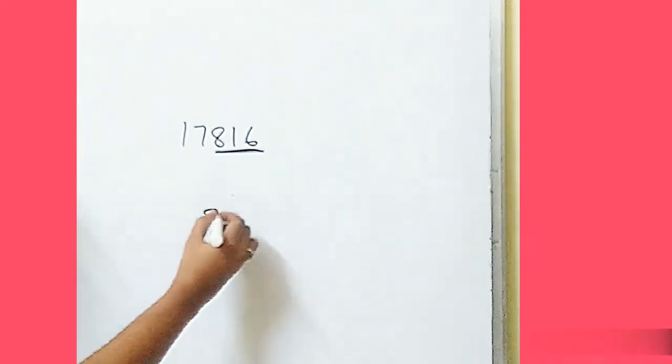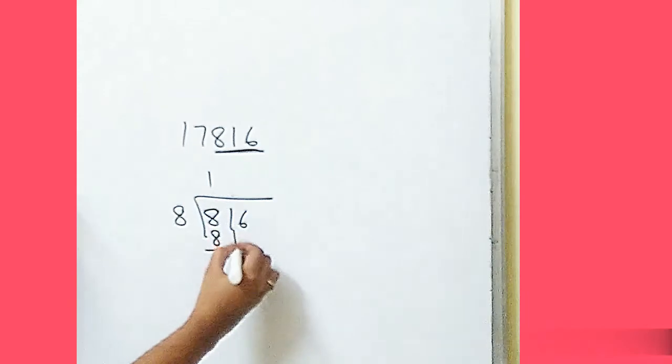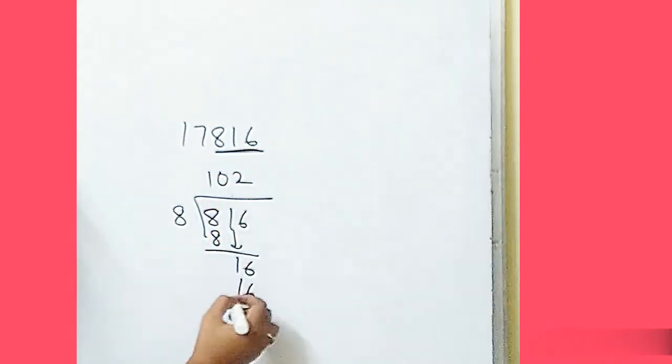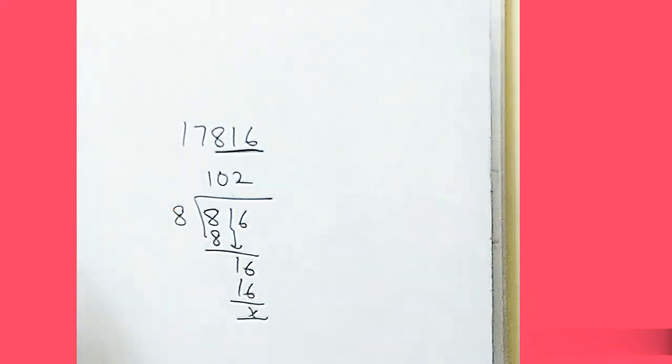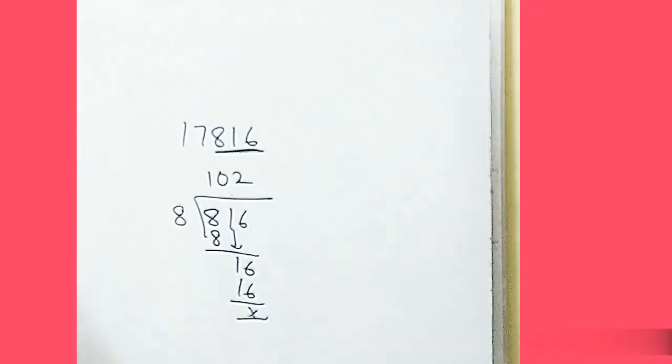We'll divide and see. 816 divided by 8 is 102. So this last 3-digit number comes in 8 table. So we conclude that this particular number will come in 8 table, and when we divide it, there is no remainder. So this is the test for divisibility by 8.